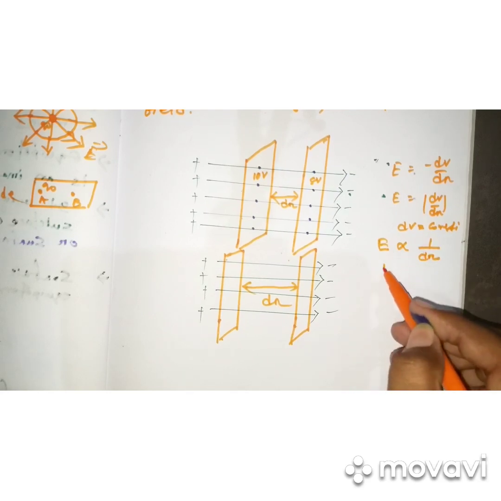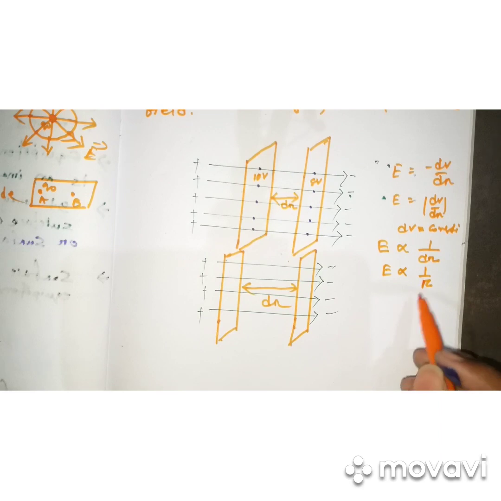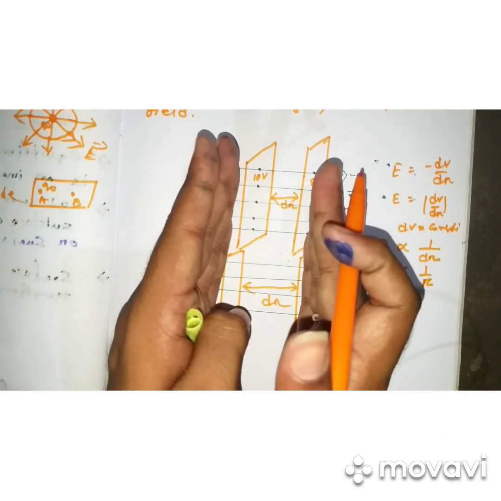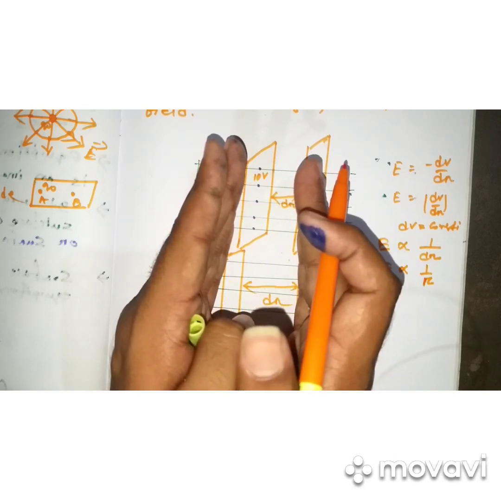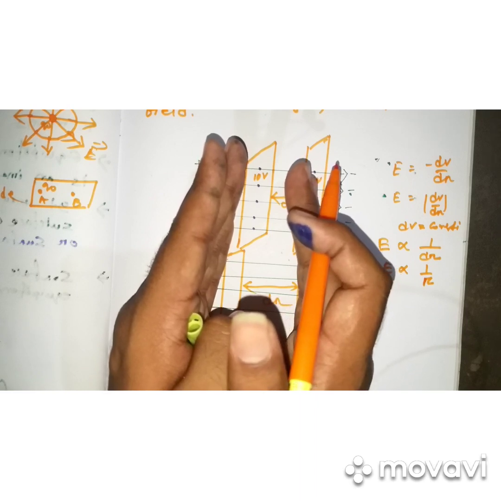That means electric field intensity is directly proportional to 1 by R. So if we increase the distance between the two plates or two equipotential surfaces, then the electric field intensity gradually decreases.